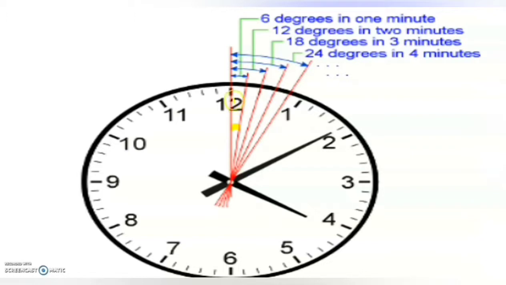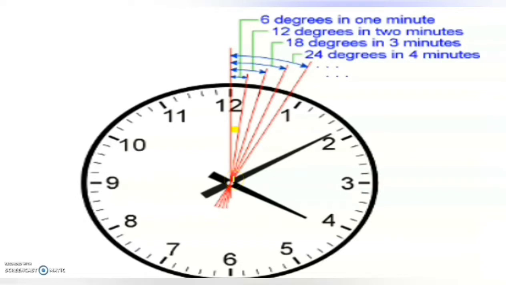All of you must know that in a circle, the total count of angles is 360 degrees. So if I want to find the angle between this line and this line, that is this angle, then how do I find that? Before that, we will try to find the angle between the two hands if one is at 12 and the other is at 1. Suppose my hand is in this position.